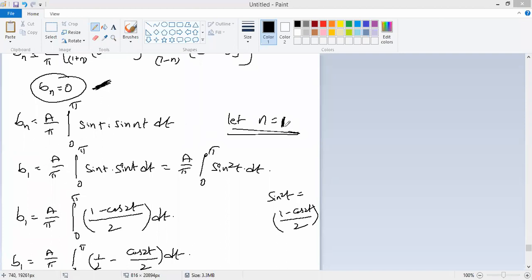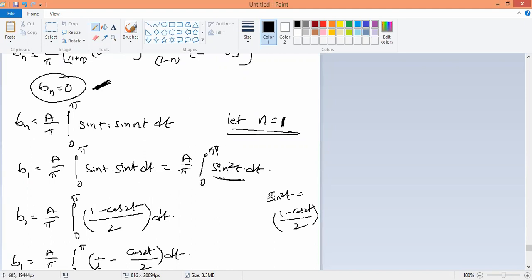Let n equal 1. In bn, substitute n equal 1. b1 equal a by pi integral 0 to pi sin t, here sin nt with n equal 1 means sin t, into dt. What is the sin t into sin t value? Sin t into sin t value is sin square t.